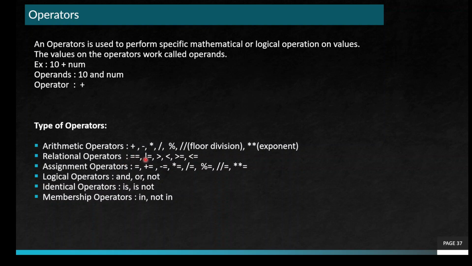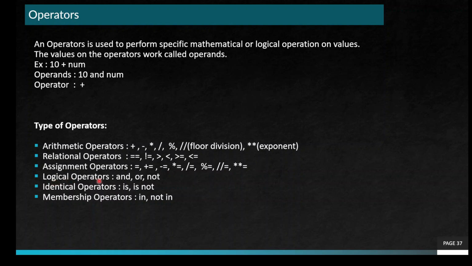Not equal returns true when the left and right operands are not equal. Then less than, greater than, less than or equal to, and greater than or equal to, which consider the equal sign as well. Assignment operator means after doing the operation, we assign the value to the same operand. We'll see these examples as well.